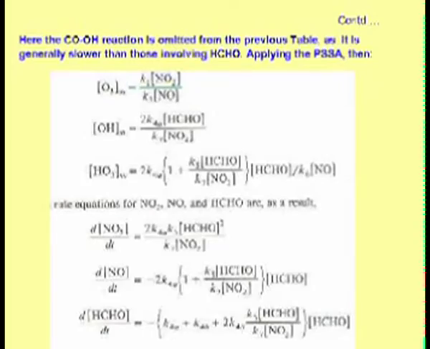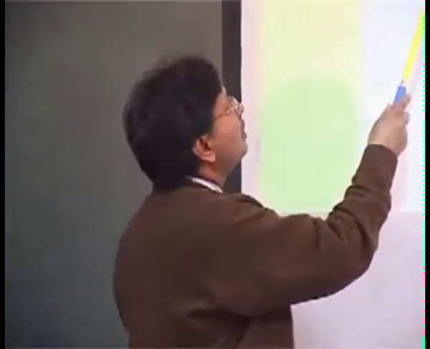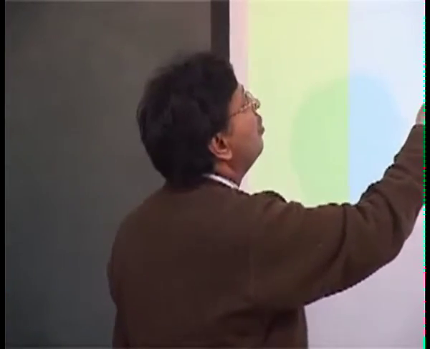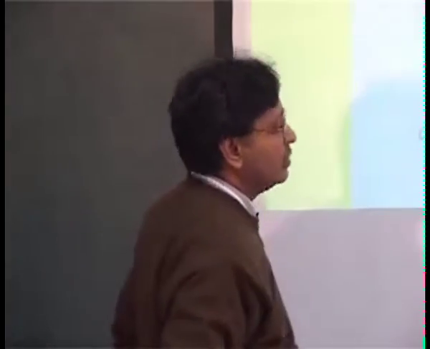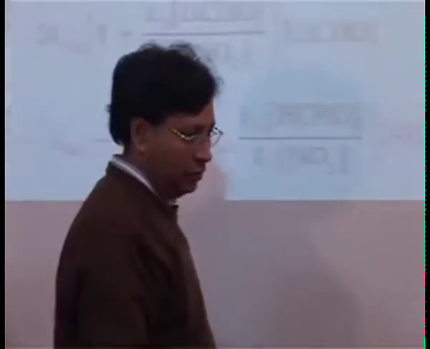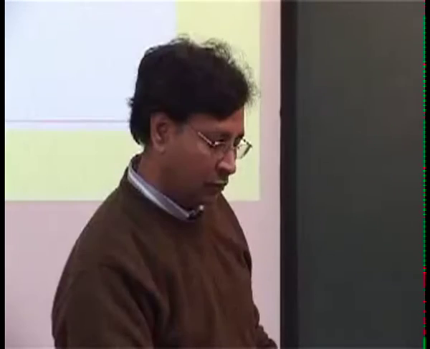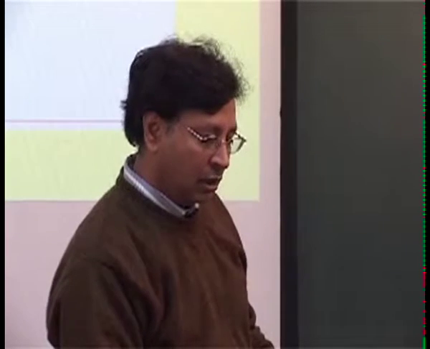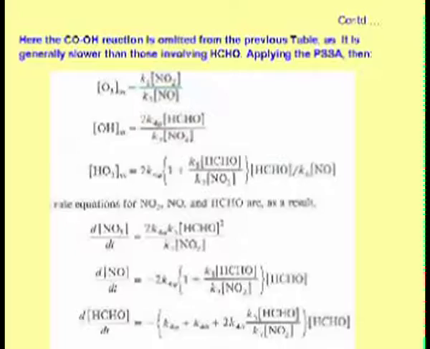You can find that the OH steady state concentration will depend on reaction 4 and reaction 7. You can derive it; it's more of algebra at steady state, don't forget that.